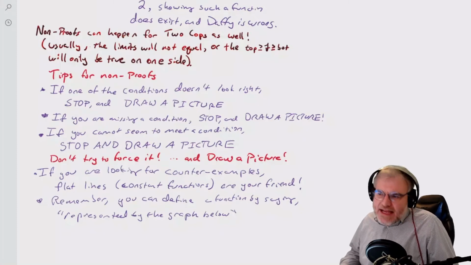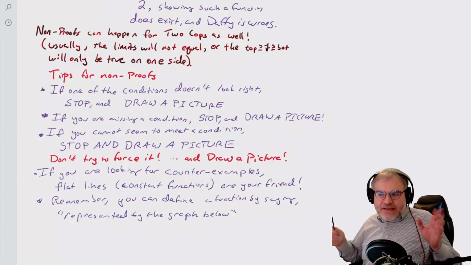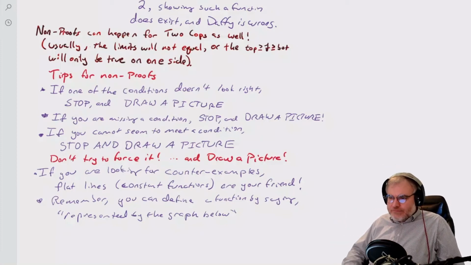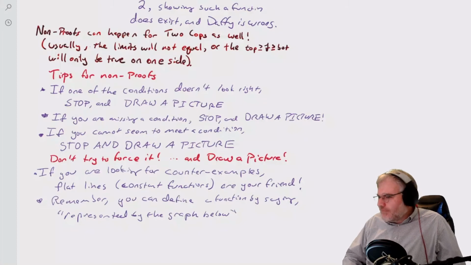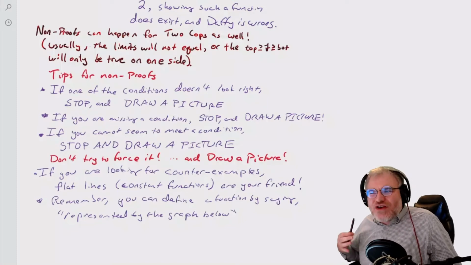So what is the big idea with dealing with these proofs? Give me a sentence that summarizes it. Yes, exactly. Draw a picture. If you're not quite sure what's going on, draw a little picture.